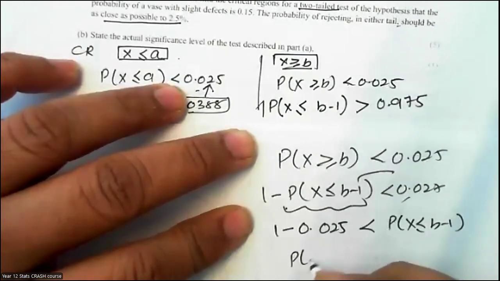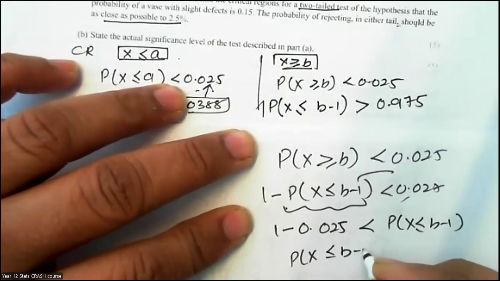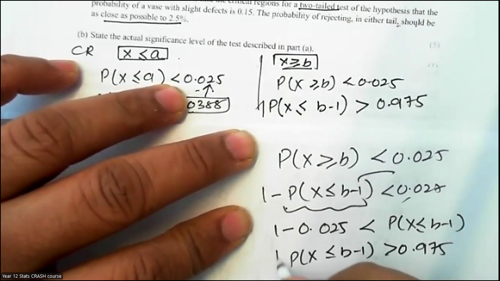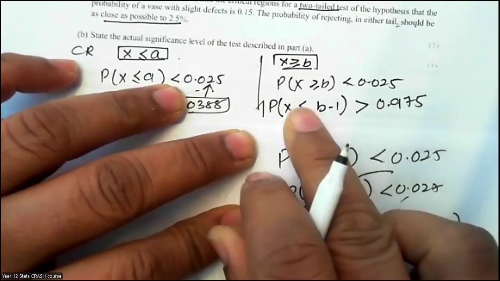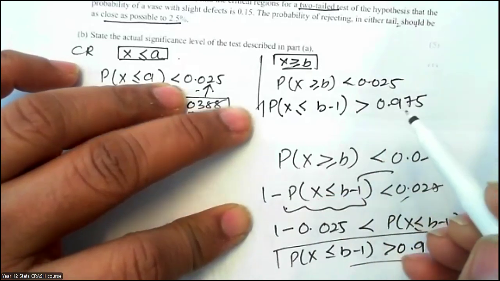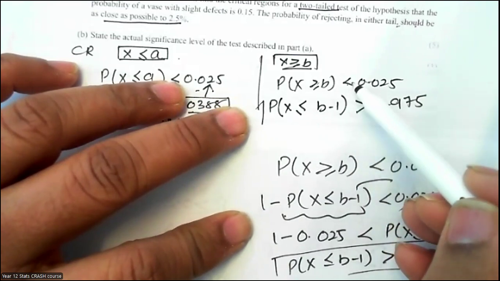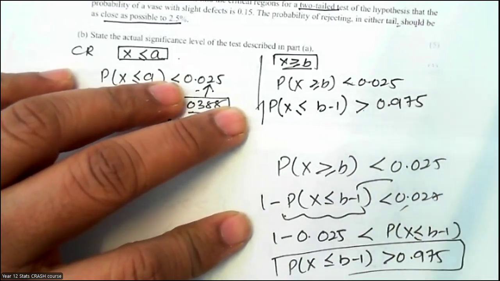So that gives you probability of x less than or equal to b minus 1 is greater than 0.975. So all this working leads to the same shortcut, which I repeat again for you. So what do you do here? You swap the inequality, take away from 1. So this is what we're looking at now to work that out.